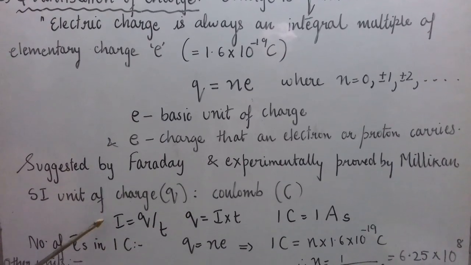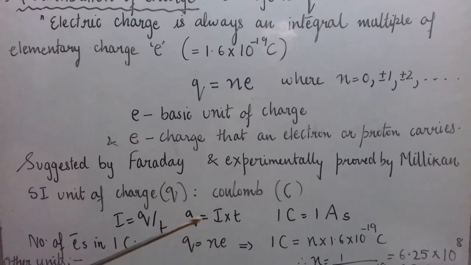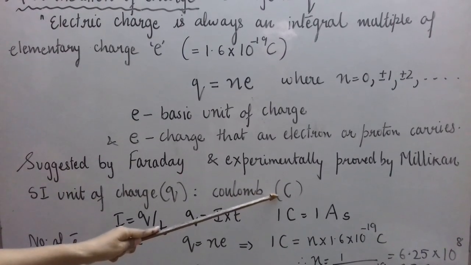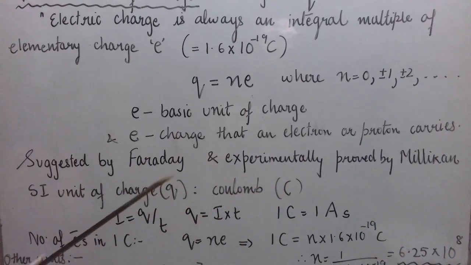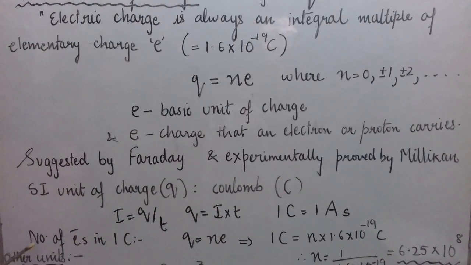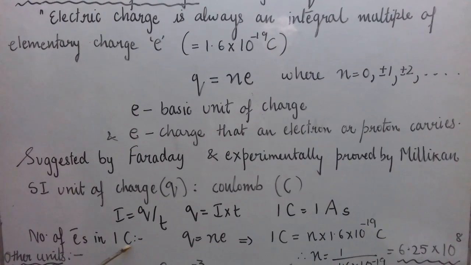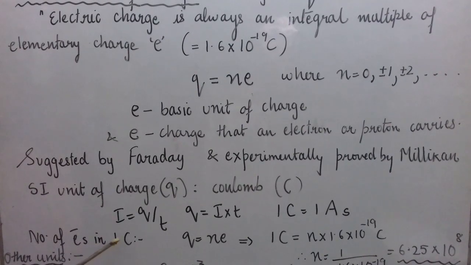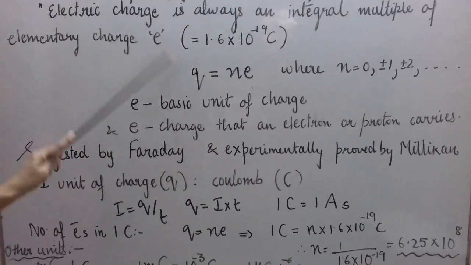We will study one more definition in this chapter. Now, let us see how big or how small this unit is. To find how small or how big this unit is, let us try to find the number of electrons that will constitute 1 coulomb of charge. For this, I'll use this equation, quantization of charge.